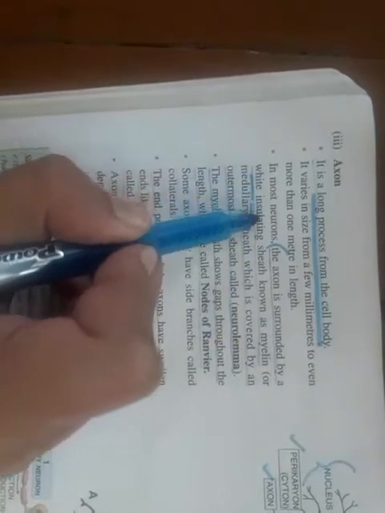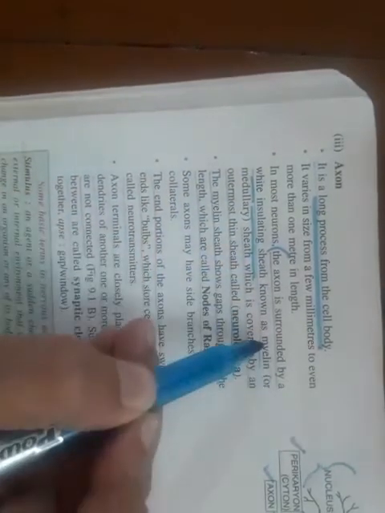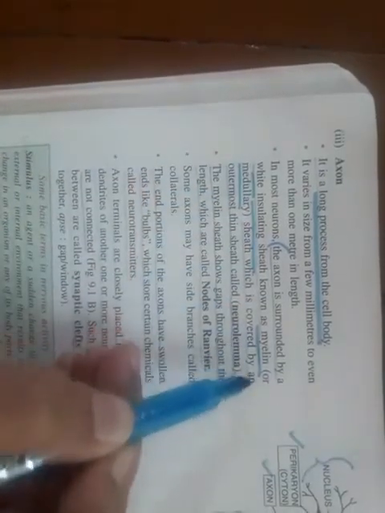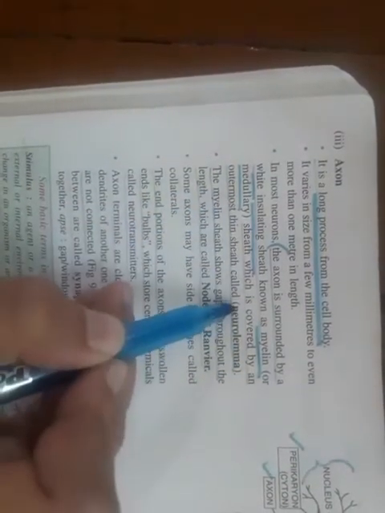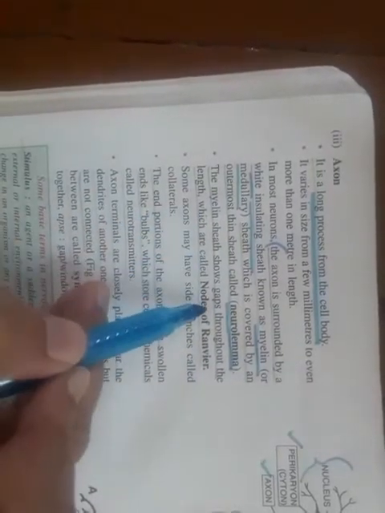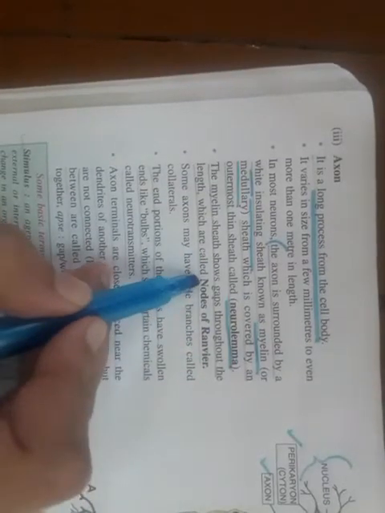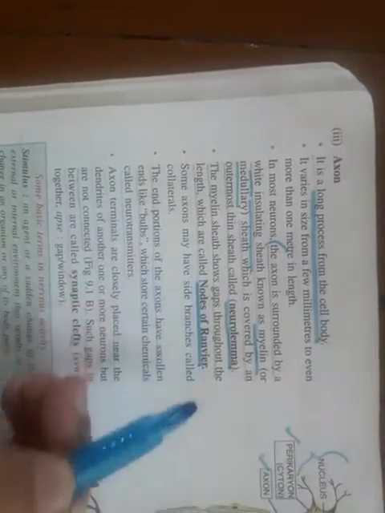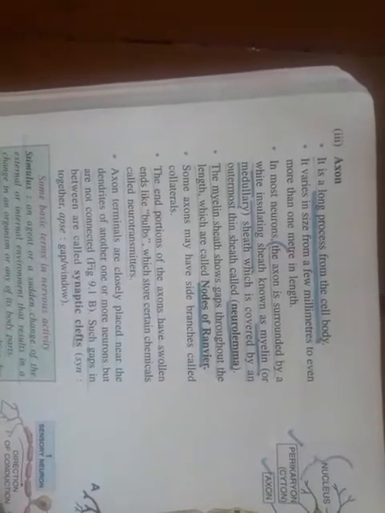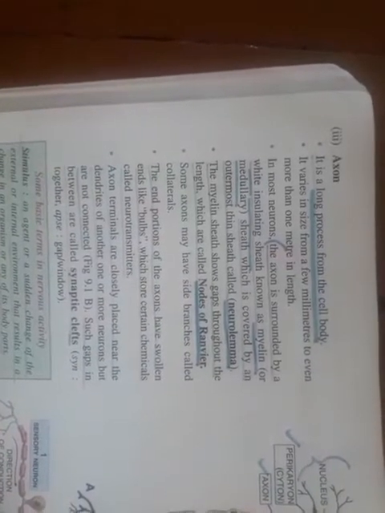It is surrounded by a white insulating sheath called the myelin sheath or the medullary sheath, which is covered by outermost thin sheath neurolemma. The myelin sheath shows gaps which are called nodes of Ranvier. The myelin sheath is not continuous. It is interrupted at nodes of Ranvier.